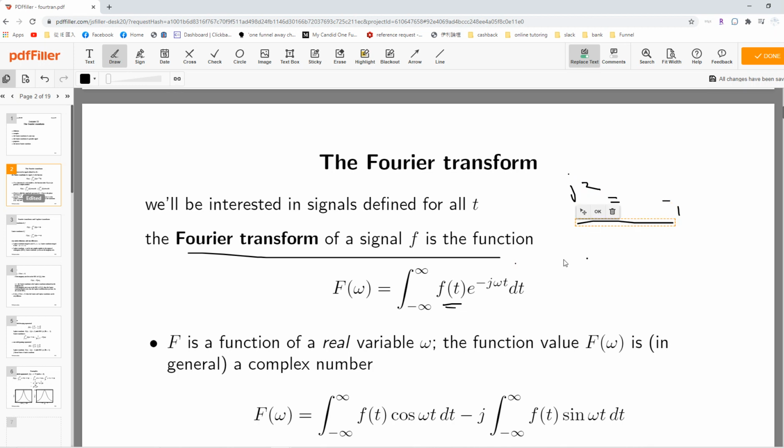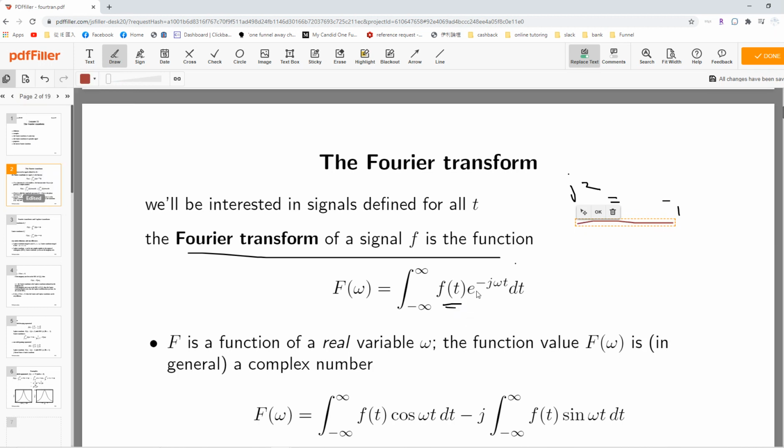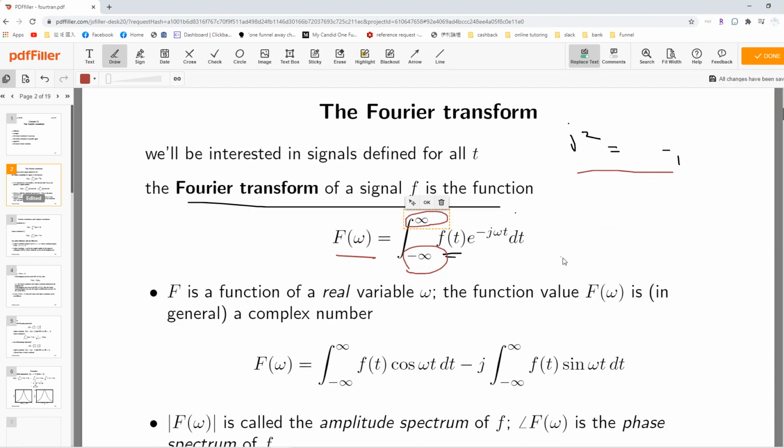Okay, as this is hard to write, maybe I will change the color to red. So the integral of f of t times exponential minus j omega t dt is the large F, the Fourier transform of f of t, and the integral is from minus infinity to infinity.